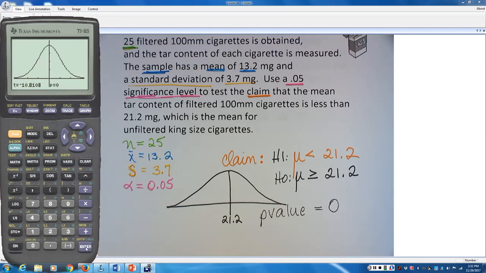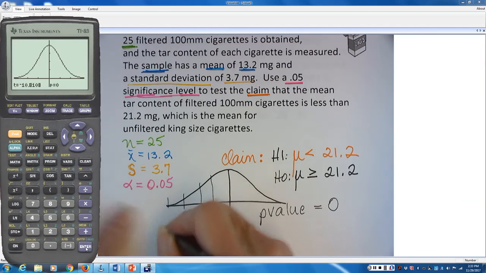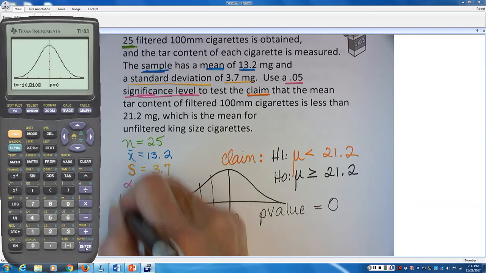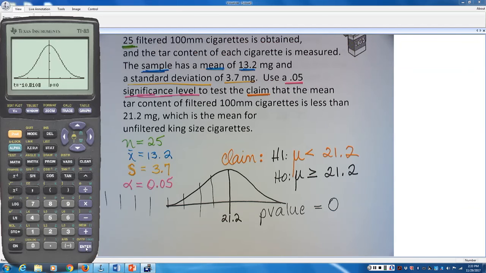And it should make sense to you that P is equal to 0 because here's where the sample falls.